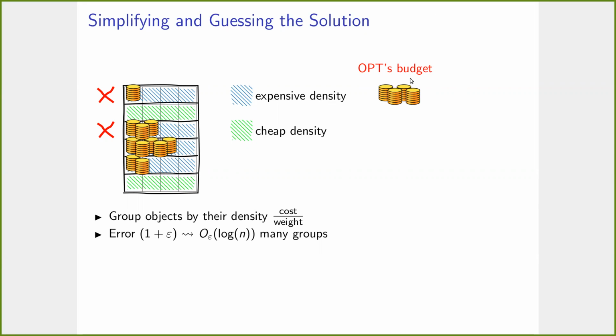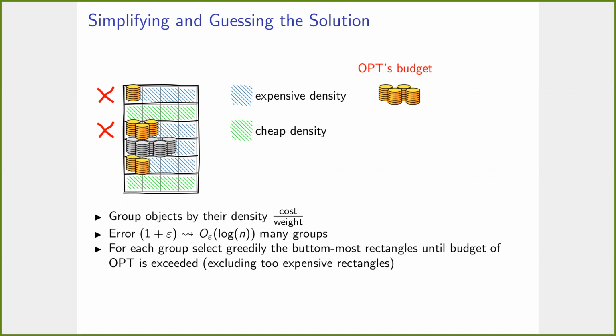So the first thing we could do is we throw away all rectangles that cost more than 4, because they can obviously not be used in opt. Next, we will greedily select rectangles that are still there, but from bottom to top. So we start by selecting the lowest most rectangle. It costs 2.